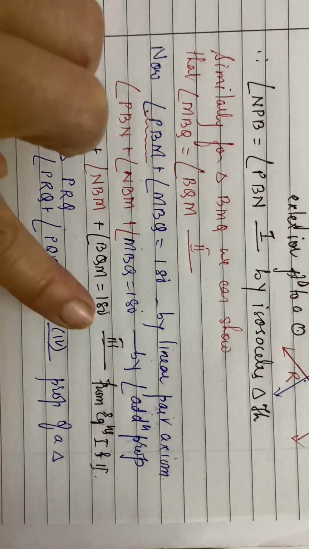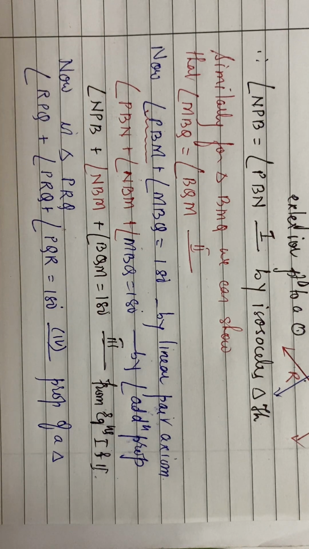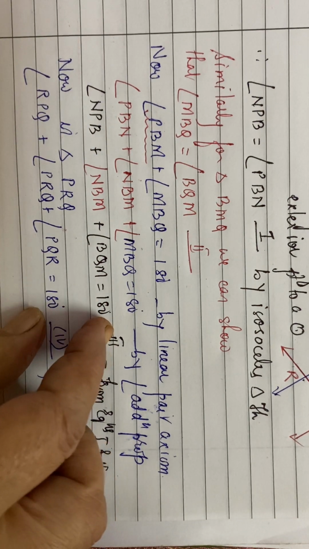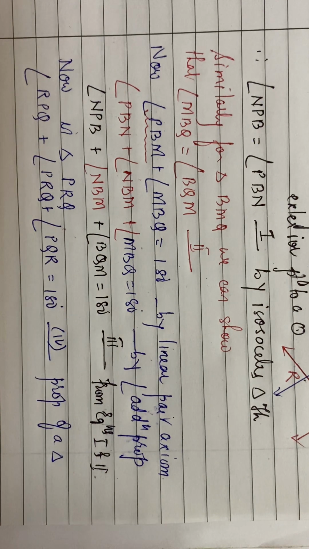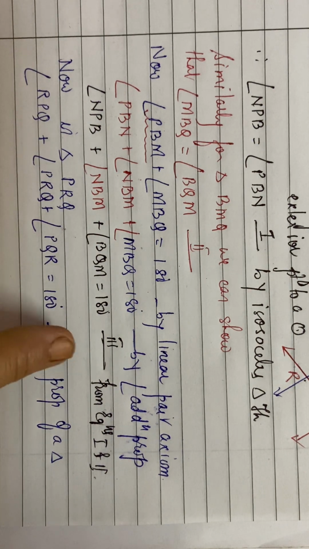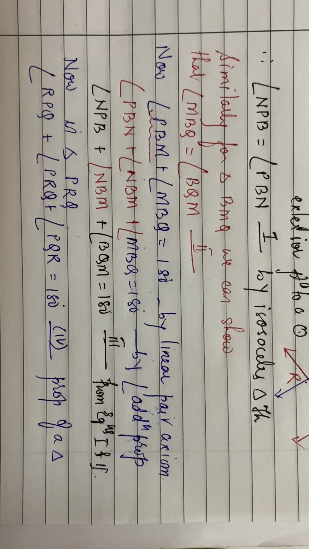Now compare these two equations, 3 and 4. The right hand side of these two equations is the same, so the left hand side should be equal. So what we do is we equate the left hand sides.